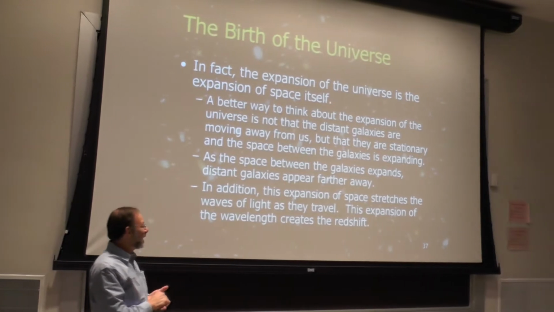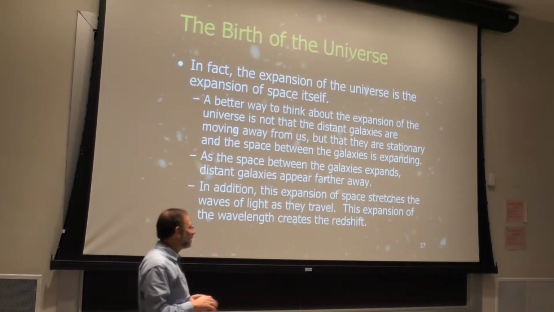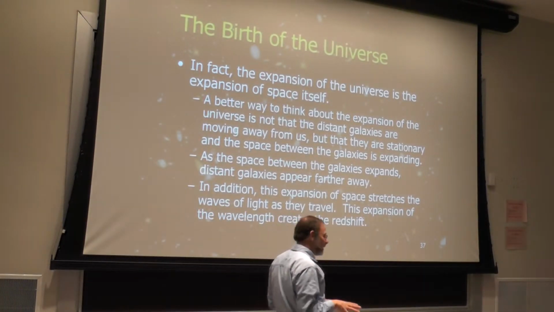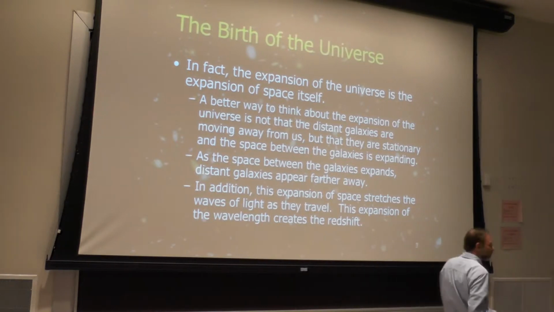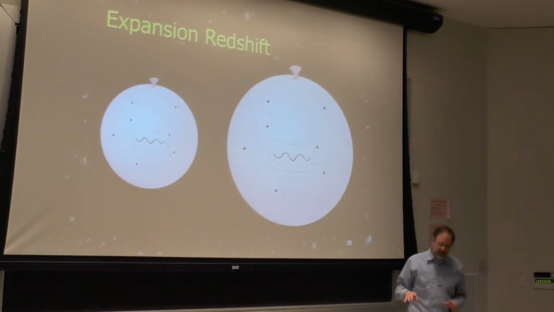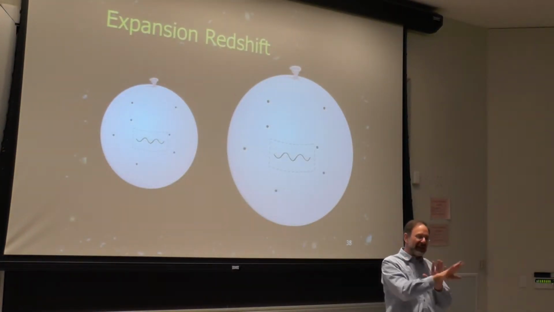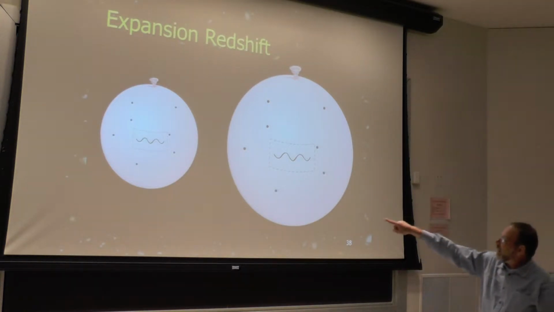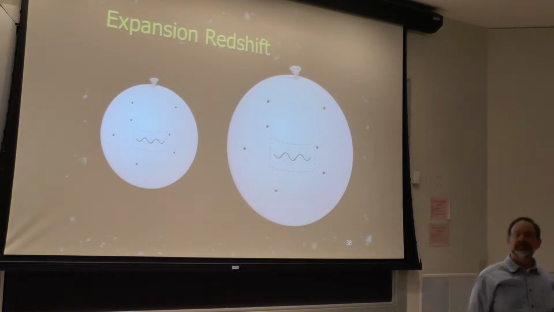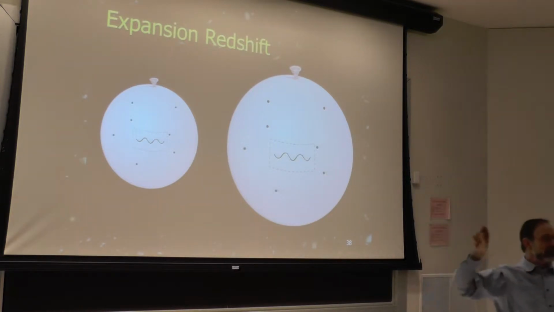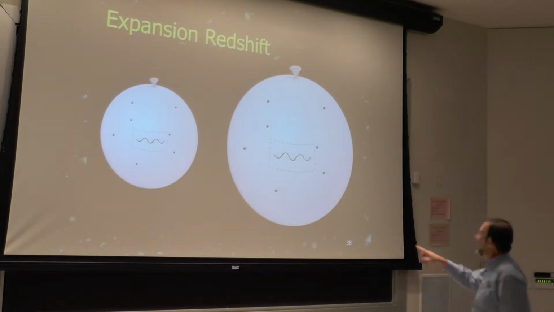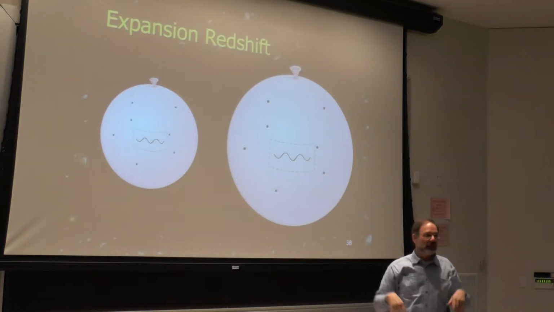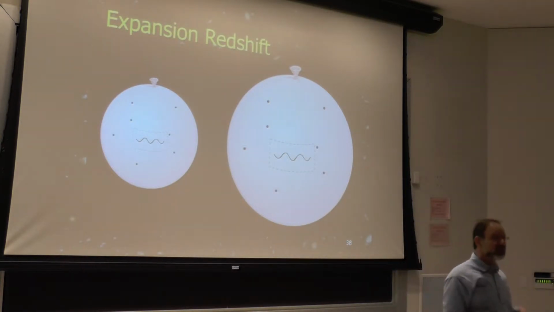In addition, this expansion of space stretches the wavelengths of light as they travel, and this expansion is what actually creates the redshift. So when we see this Doppler effect, because the galaxies are moving away from us, okay, it's due to the fact that if you imagine putting like a sine wave on like a piece of elastic and you stretch it, then the wavelength of that sine wave is going to get bigger because of the stretching.